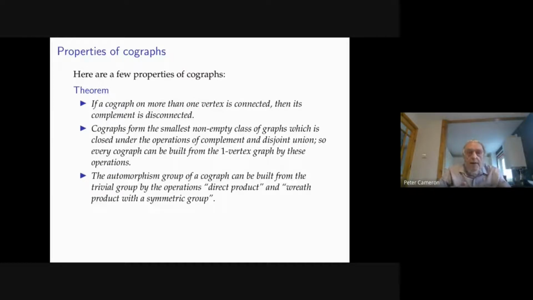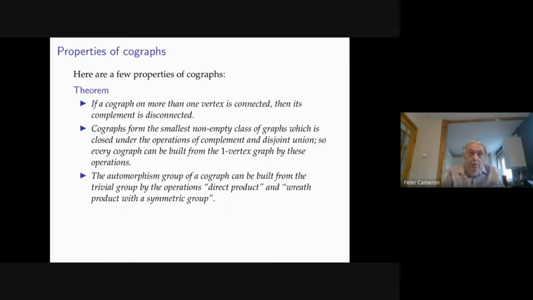And it follows from that that the automorphism groups of cographs are extremely restricted. They can also be built from the trivial group by the operations of direct product and taking the wreath product with a symmetric group. Let me say a little bit about that. If you have a disconnected graph, then for its automorphism group, you first take the connected components and divide them up into isomorphism types.